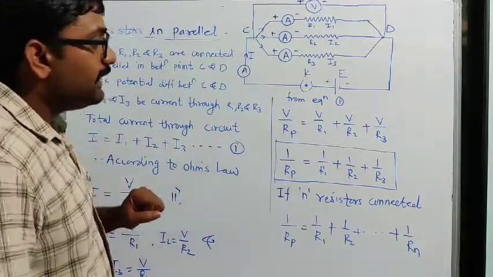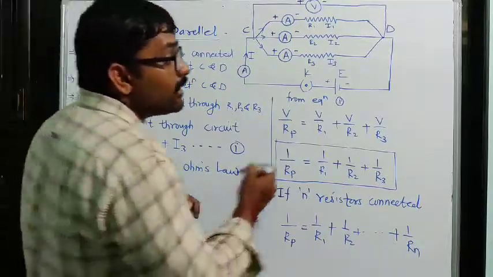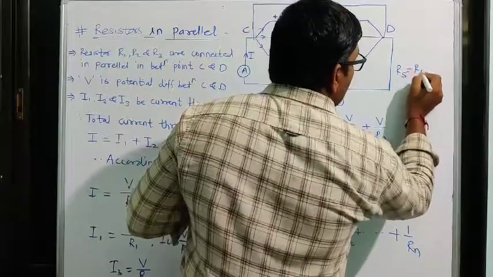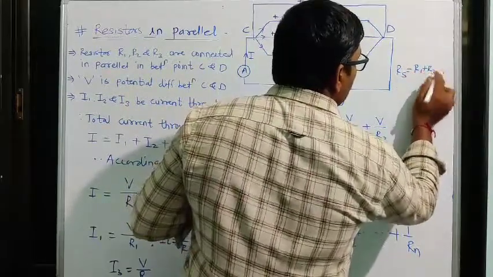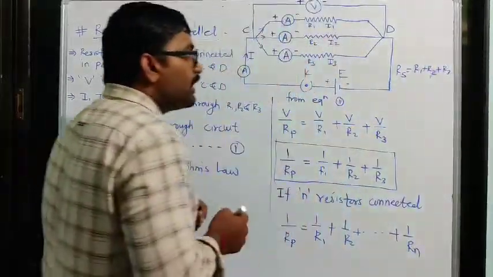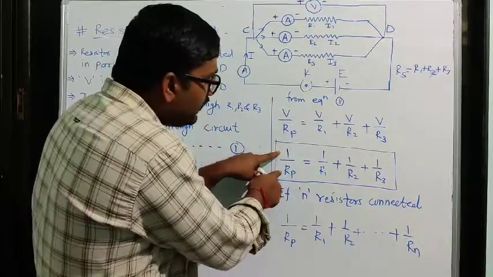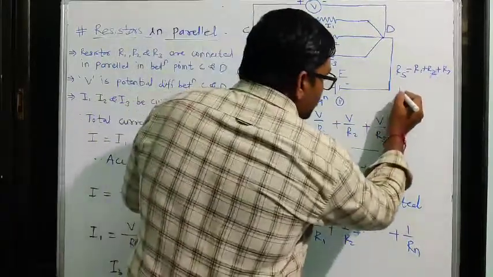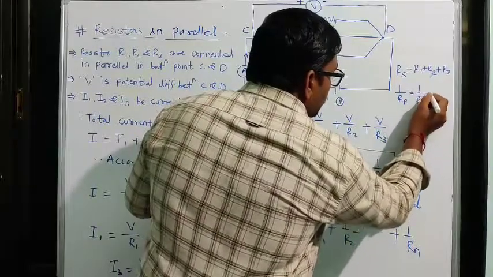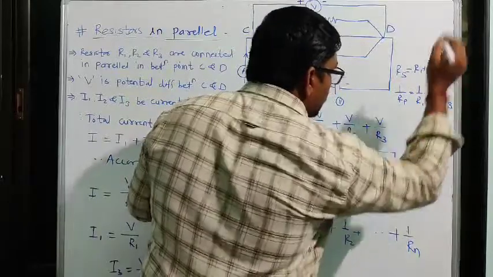In the case of series, the equation of the final resistance is R1 plus R2 plus R3. Here, in parallel, 1 by Rp will be equal to 1 by R1 plus 1 by R2 plus 1 by R3.